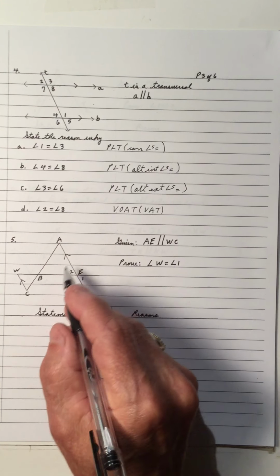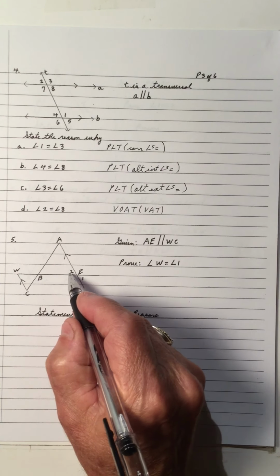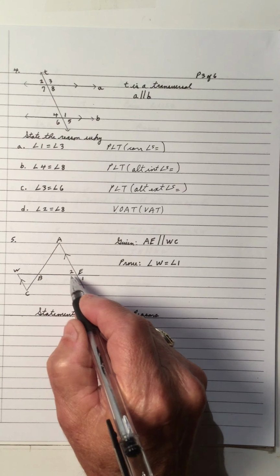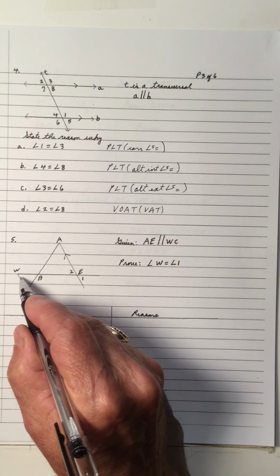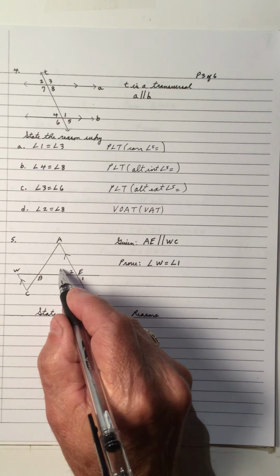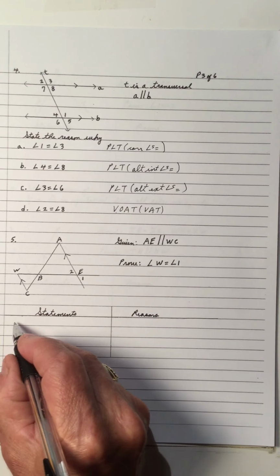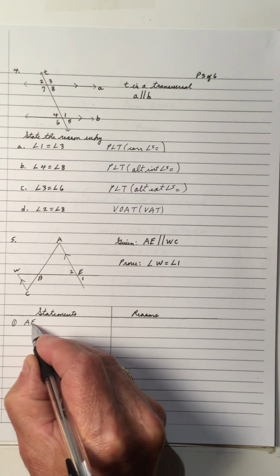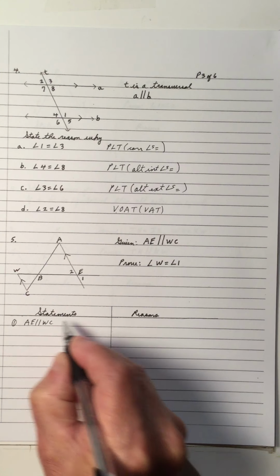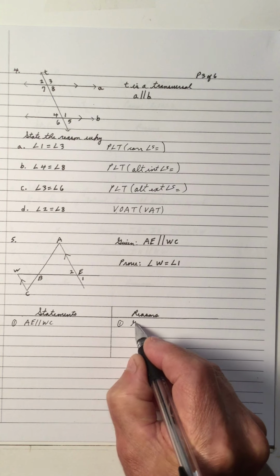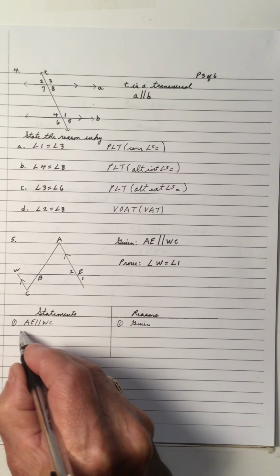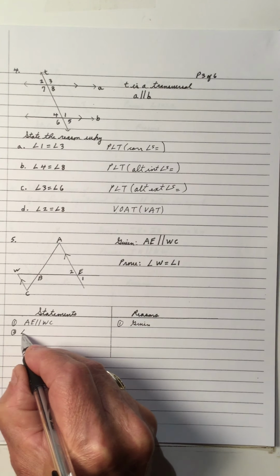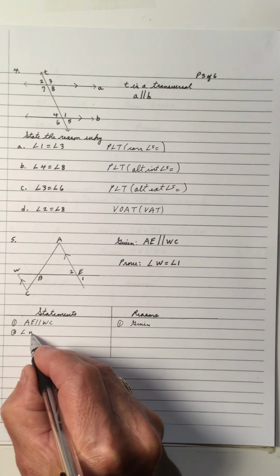So we have it that 1 is equal to 2, VOAT, 2 is equal to W because of alternate interior, therefore W is equal to 1. So here we go. The parallel lines give us a pair of angles equal. So the angles that I want to pick are angle W is equal to angle 2.